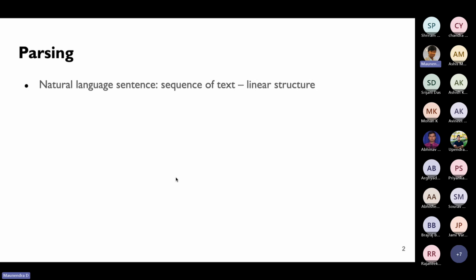Then, if you look at SQL queries, there also the query is there, and there is a parser which identifies the different parts of the query that connect with different constructs, and accordingly the execution happens. So parsing ideally is to identify the different components which are there in the input and how they interact with each other.